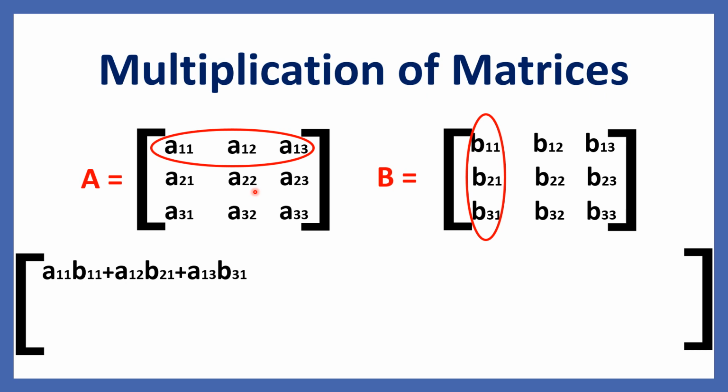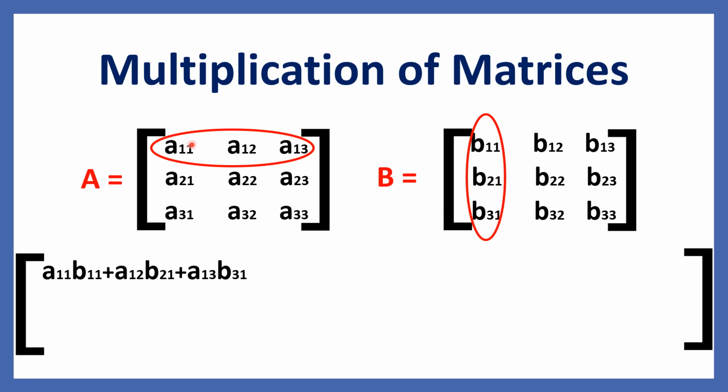Here we get A11 into B11, plus A12 into B21, that is, the second element into the second element, plus A13 into B31.